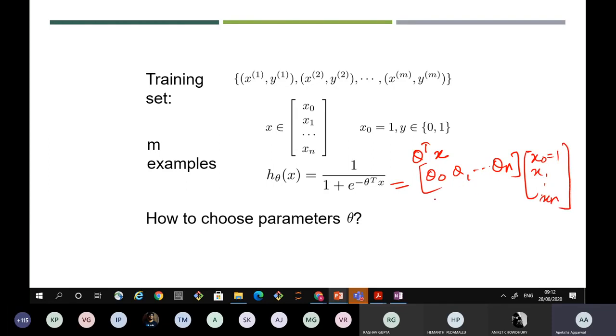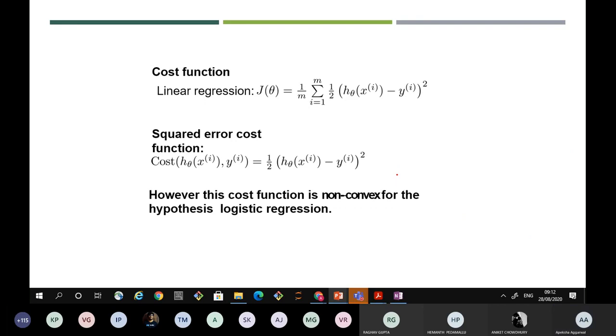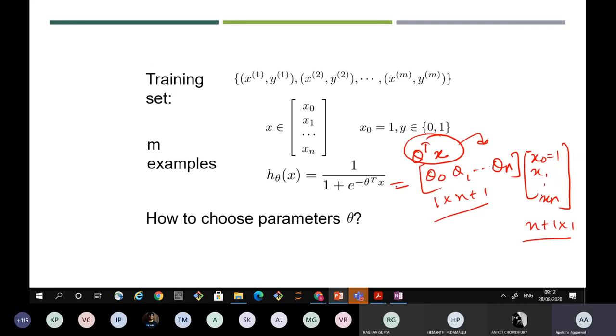So this is a 1 cross n plus 1 matrix, and this is an n plus 1 cross 1 matrix, so now I can calculate. That is why we write theta transpose x for n features. Okay, this is clear. If you have any doubt, then please ask. No doubt, ma'am.